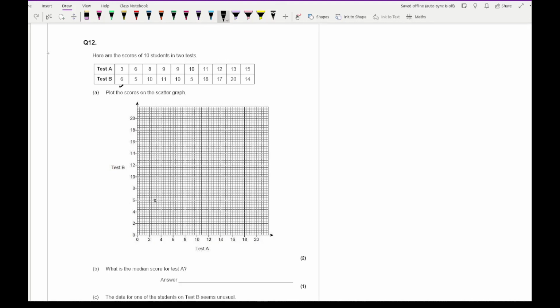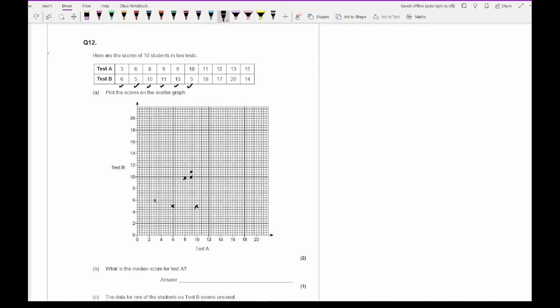The next one is at 6, 5, and that's going to be there. The next one is at 8, 10. The next one is at 9, 11, which is about there. Next one is at 9, 10. And the next one is at 10, 5.